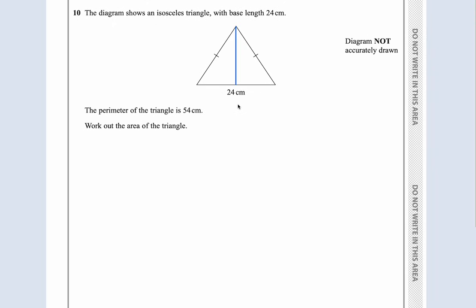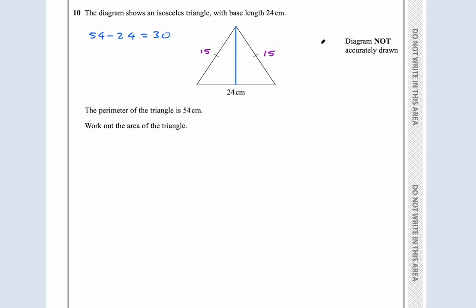If this is 24, and the perimeter is 54, there must be 30 left to make up these two sides. And because it's isosceles, they have to be 15 each. Think about it. They have to be the same, and they have to add up to 30, so 15 each. So 15 plus 15 plus 24 gives me the 54.